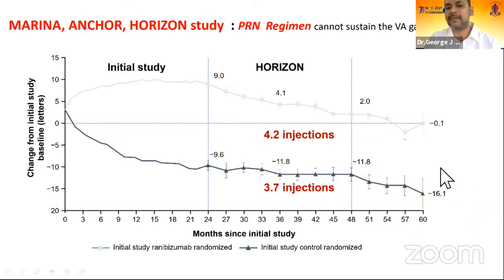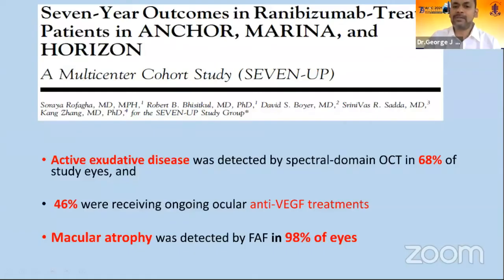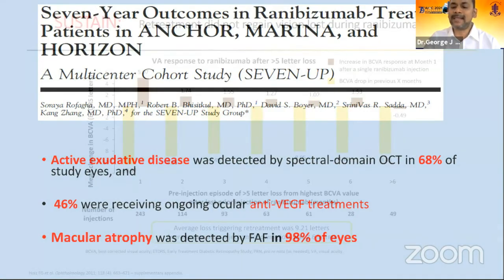But when we look at the 5-year results with PRN after the initial structured visits, it is back to baseline, minus 1 letter compared to baseline. Also, we know from the SEVEN-UP study, which looks at PRN after the initial monthly ANCHOR and MARINA, that at the 7th year, active exudative disease was seen in 70% of the eyes, 50% were undergoing anti-VEGF injections PRN, and around 98% had some sort of macular atrophy. So this is the significance of why this happens.